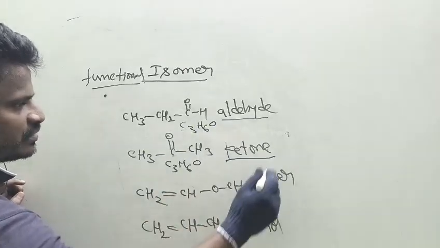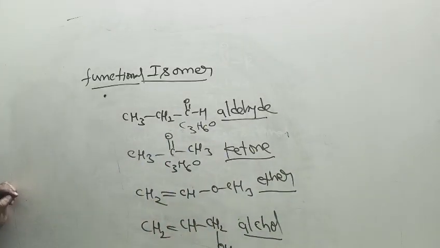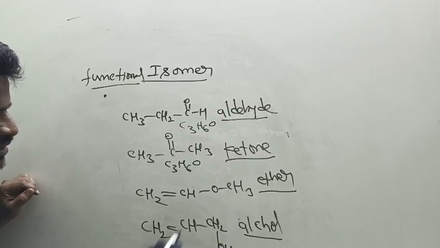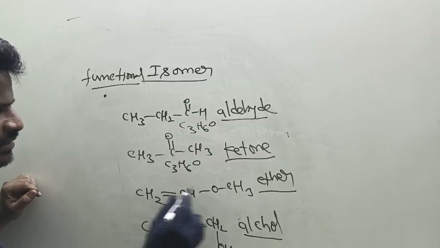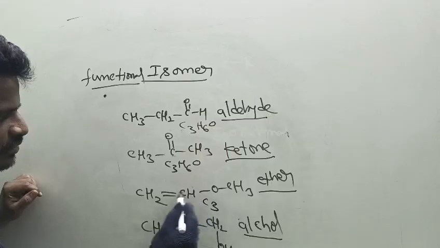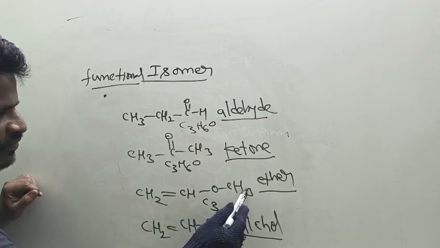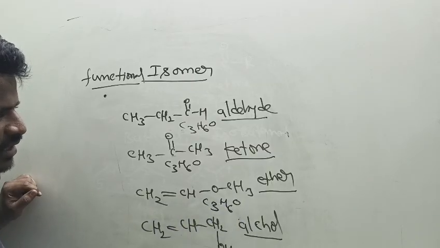Aldehydes, ketones, ethers, alcohols all exhibit isomers, but for ether and alcohol there must be one unsaturation. It is unsaturated ether, it is unsaturated alcohol. Let us see this molecule. It also has 3 carbons, 1, 2, 3, containing hydrogens 2, 3, 4, 5, 6 hydrogens and 1 oxygen atom.